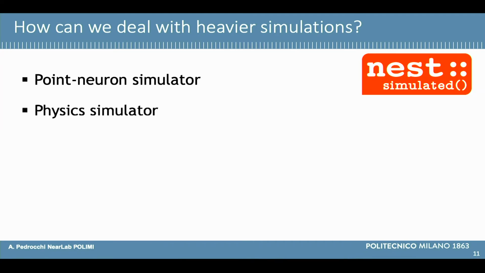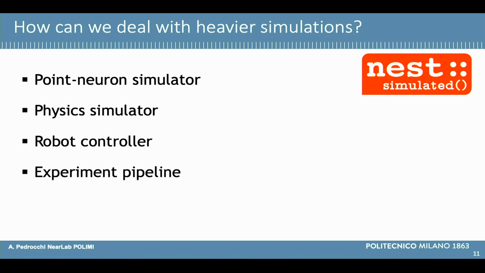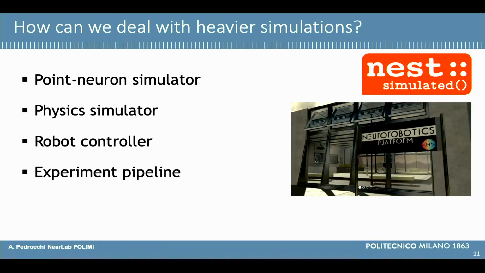To do this, we have seen that we need more detailed point neurons, we need a physical simulator and robot controller, and actually HBP is giving us a lot of infrastructures where this kind of testing can really happen. So I will just run through some tests that we are now doing on the neurorobotic platform.